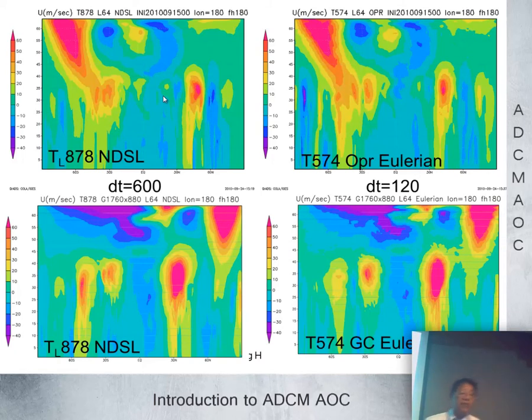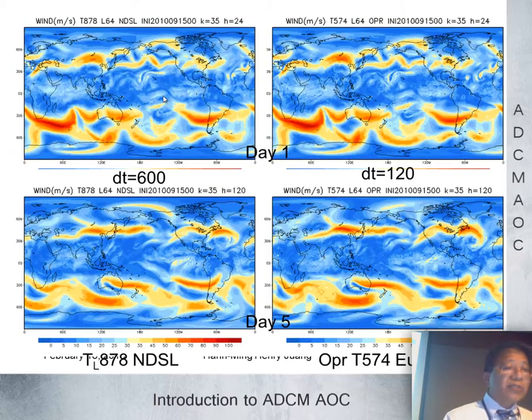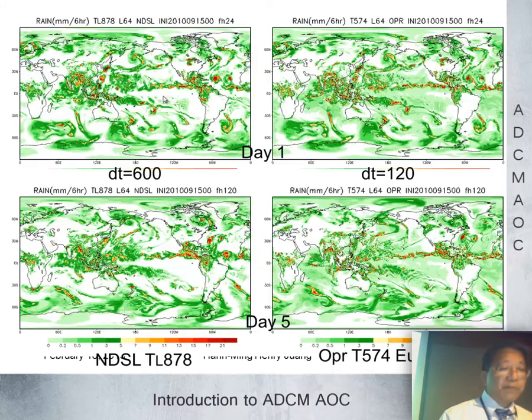And this is another example for the zonal value for T-A78 compared to operational, and you can see they are very similar after 180 forecast hours. And this shows you the horizontal wind at 1 day and 5 days, and you can see it's really similar except the polar area. And this is the rainfall part.